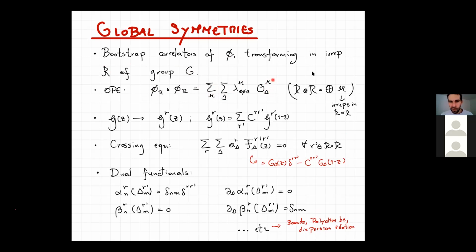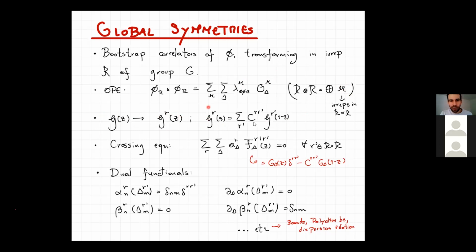And in the OPE, you can only get the reps that appear in the product of capital R. So you're going to get a story where you just add some extra indices everywhere, the index for the representation. For the CFT correlator, now you get a bunch of them, one for each of the reps being exchanged.